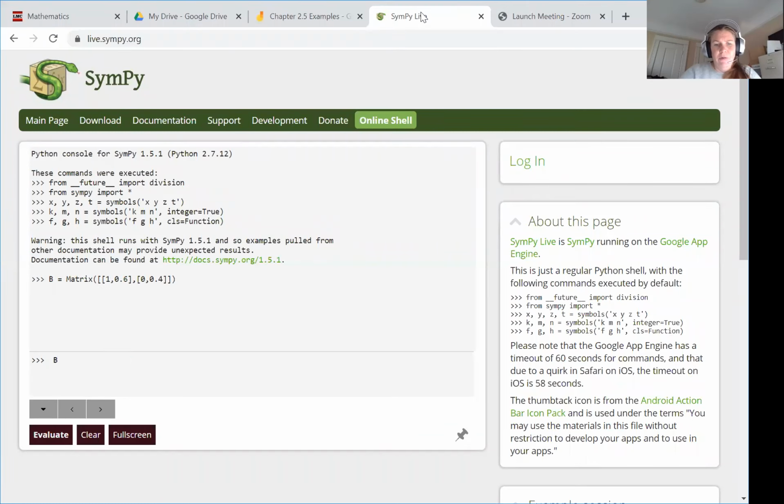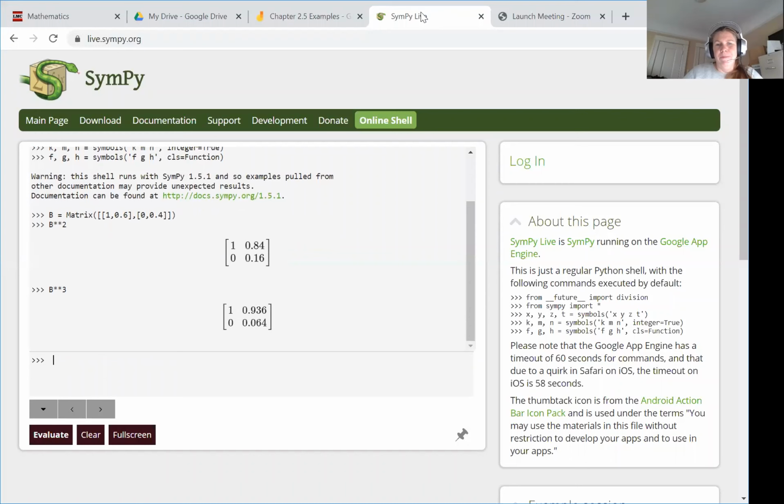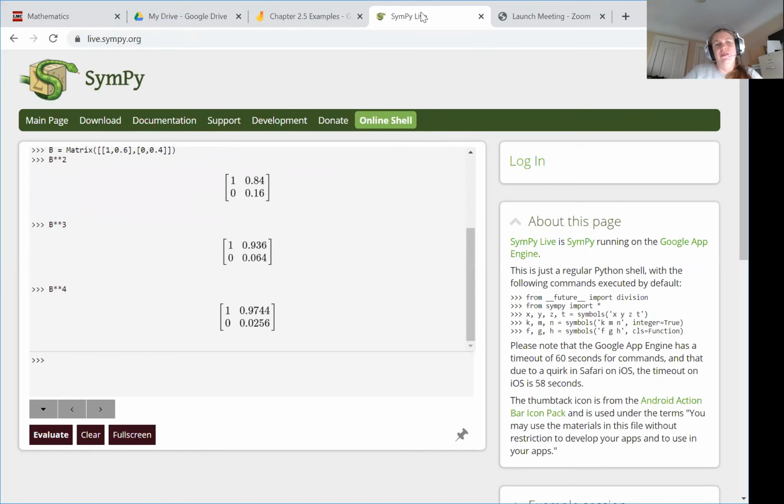So let's check out what B squared is, or B multiplied by itself. We do B and then the double asterisk in SymPy to get the exponent, and we do 2 there. And we're still getting a 0 there. All right, let's check B to the third power, to see if that gives us all positive entries. We're still getting a 0 in that 2, 1 position. All right, let's try B to the 4th power. And we're still getting a 0.